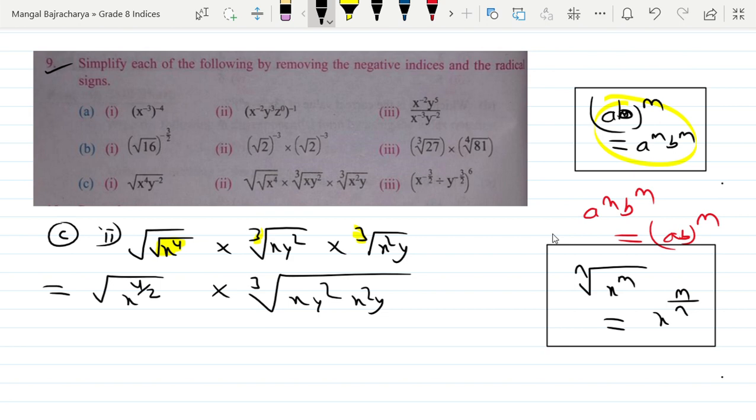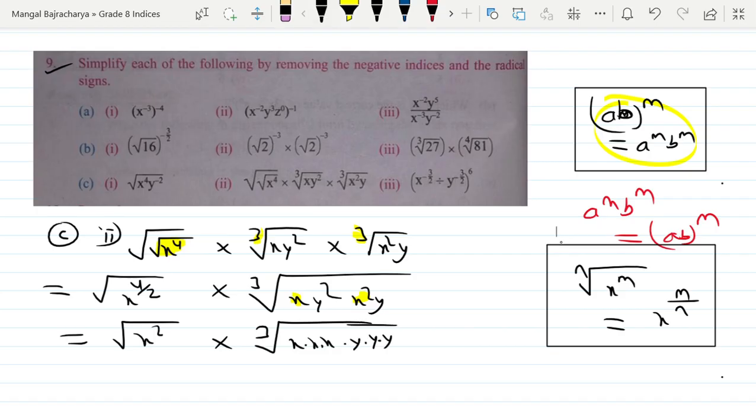It applies not only for whole number powers, it applies for roots also. And now the square root of x square is there, and the cube root; here x into x square, we get x cube, or you can write x into x into x. And y square into y, we get y into y into y.